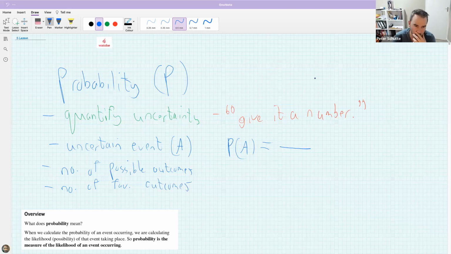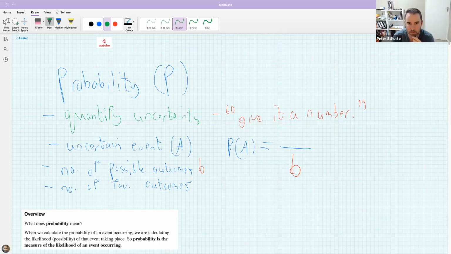An example would be if I had a dice, which is a very popular way to describe probability. We would say that there are 6 possible outcomes if you throw a dice.